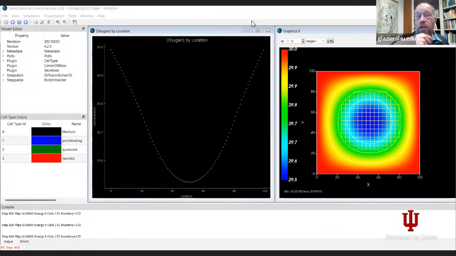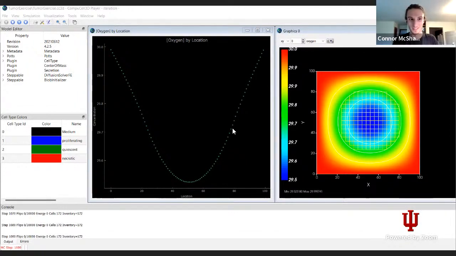And the diffusion range here is large, right? The concentration is actually pretty similar at the surface and the center. Because the difference, remember, you're auto-scaling. So the difference between blue and green is 29.9 to 29.5. So there's almost no difference. So in this case, if this were oxygen, all the cells would be getting oxygen.